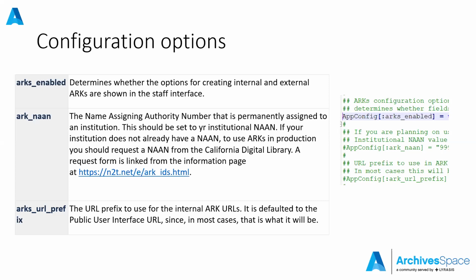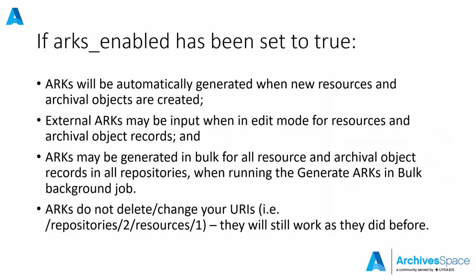And then the last thing that you can specify in the configuration file is the URL prefix for internal ARK URLs. That defaults in the configuration file to the public user interface URL, since in most cases that's what it's going to be.